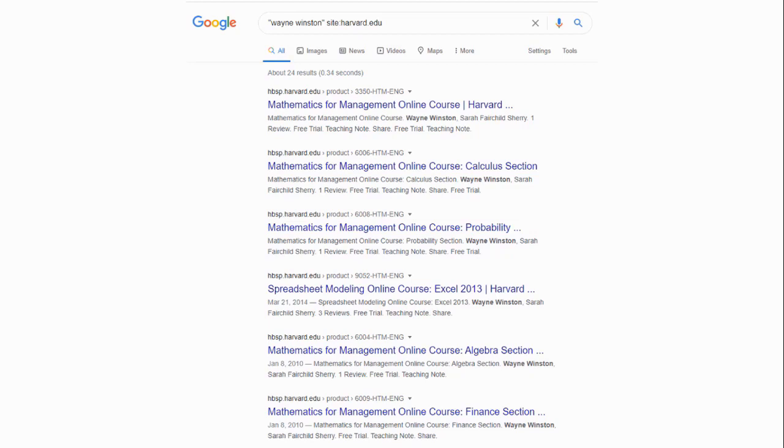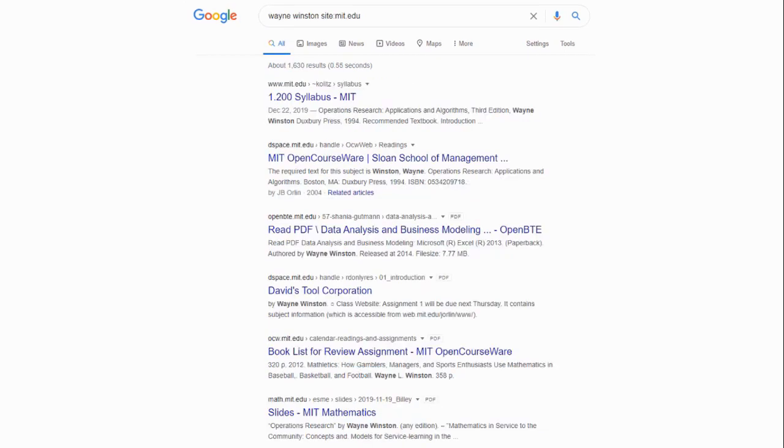And so yeah, they're using his books, Mathematics for Management. They're using his data analysis books in his courses and things like that. So Harvard's using him, but let's just look at some other schools, right? So the next one would be MIT. And you can see the syllabus of MIT is using his operations research book. You can see MIT OpenCourseWare is using his stuff, and the list goes on and on.